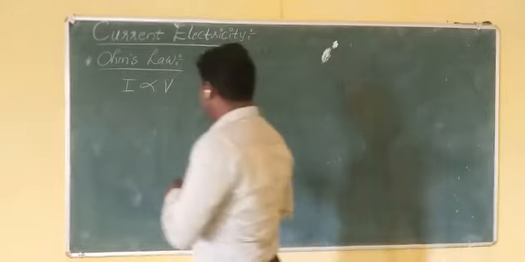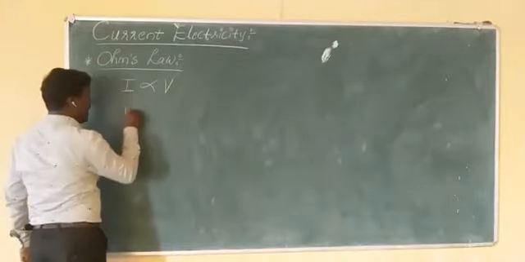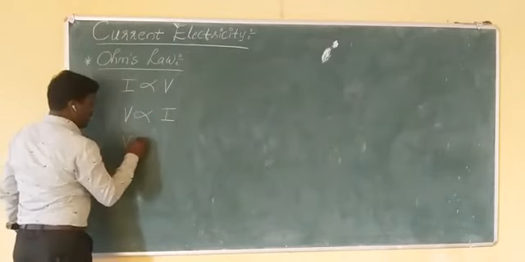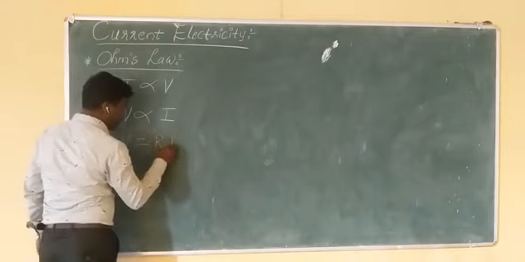That is, I is directly proportional to V. I can write V is directly proportional to I, V equals R I.